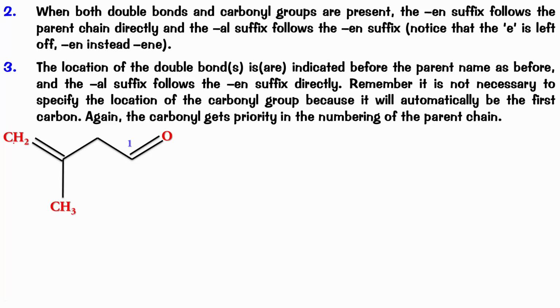So this is 1, 2, 3, 4. So which alkene is this? It is but-3-ene. And since it's an aldehyde, it's but-3-enal. And you have the prefix 3-methyl. 3-methylbut-3-enal.